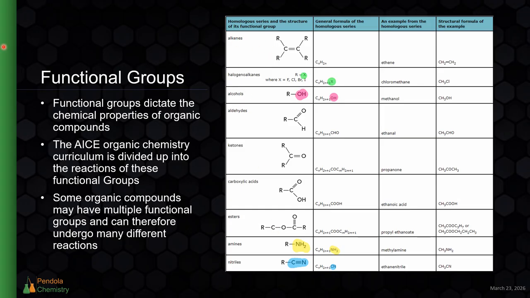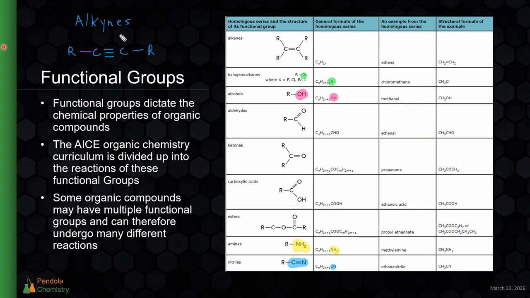One thing I should add that is not technically in your curriculum, but you might be asked about as an extended critical thinking question, is alkynes. Alkynes are a cousin of alkenes. Alkenes have a double bond. Alkynes have a triple bond. And then just two R groups coming out of them.